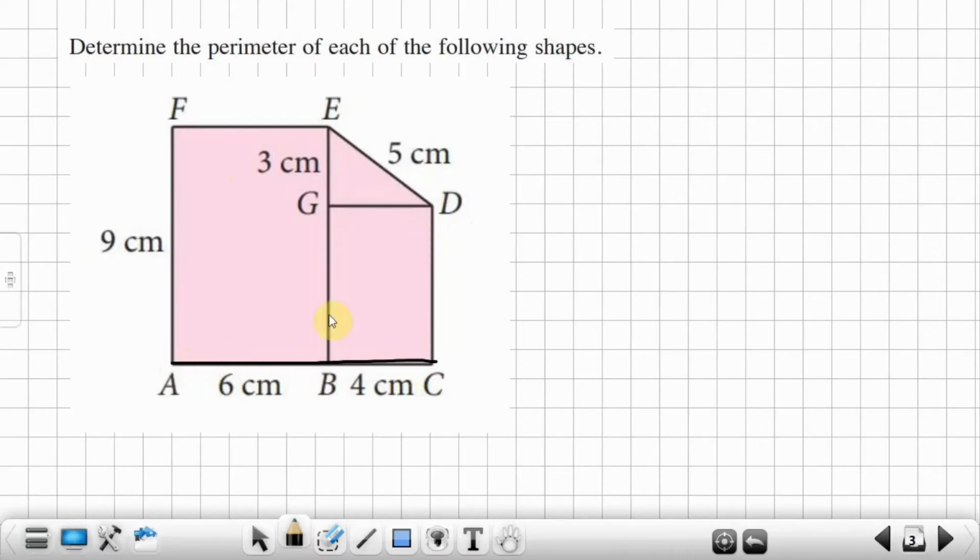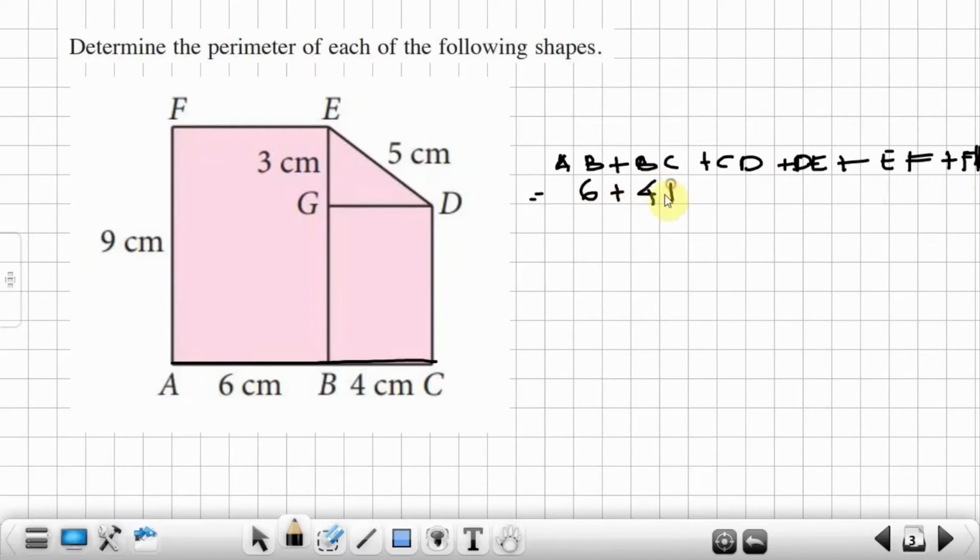So this object is enclosed by AB, then BC, then CD, DE, EF and FA. Okay, so now you take all the values of these sides, then you add them up.